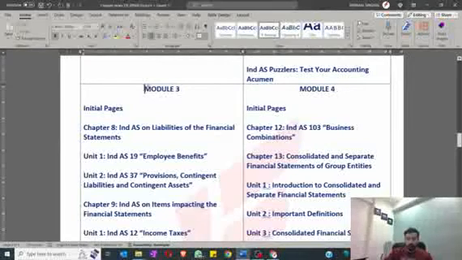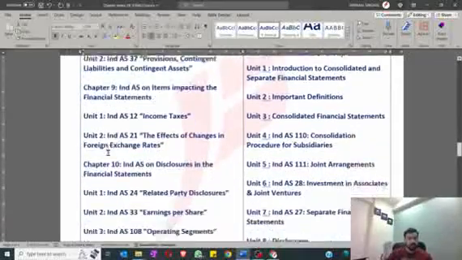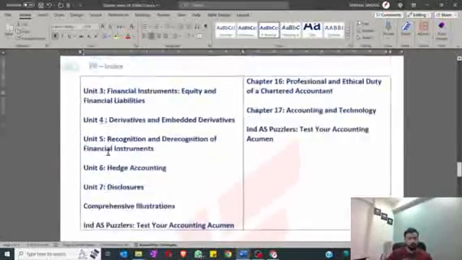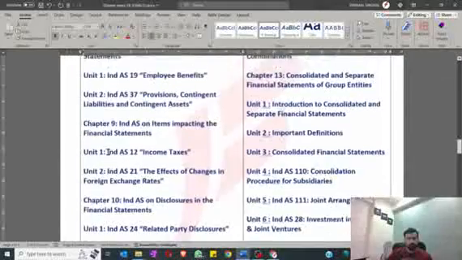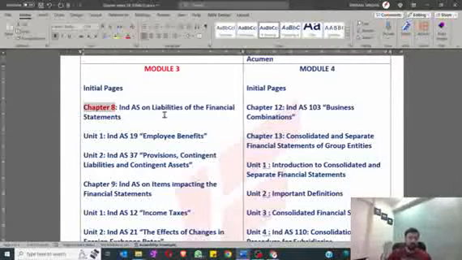Then we'll move to module 3. Again, there are chapters 8, 9, 10, 11. In module 3, chapter 8 is on Ind-AS on liabilities of the financial statements. Earlier we studied Ind-AS on assets, and now we'll be studying Ind-AS on liabilities of the financial statements.